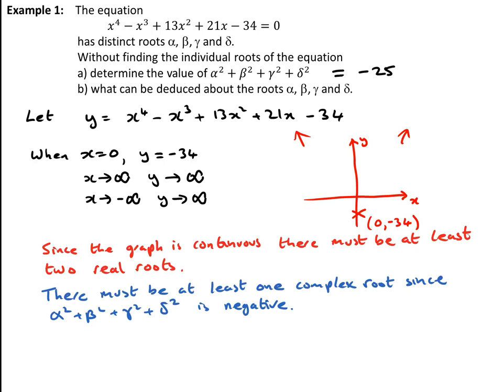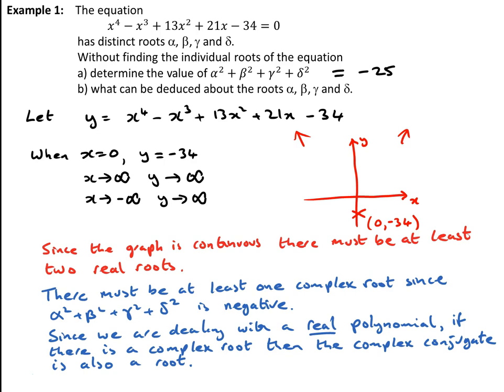But since all the coefficients of the equation x to the 4 minus x cubed plus 13x squared plus 21x minus 34 equals 0 are real numbers, we know from our complex number work that if we've got one complex root, then the complex conjugate will also be a root. So we now know that we've got at least 2 real roots and at least 2 complex roots.